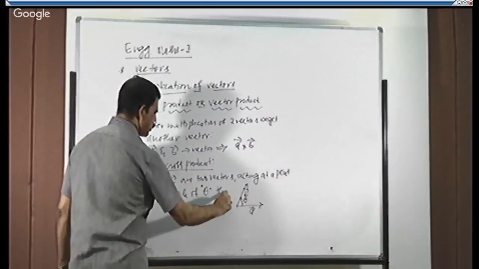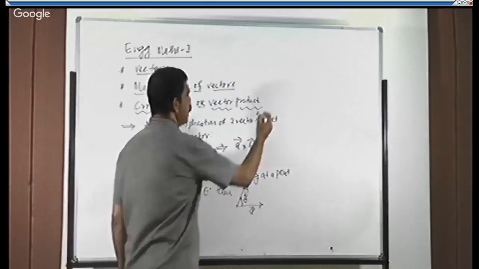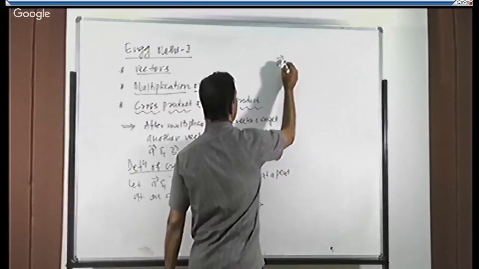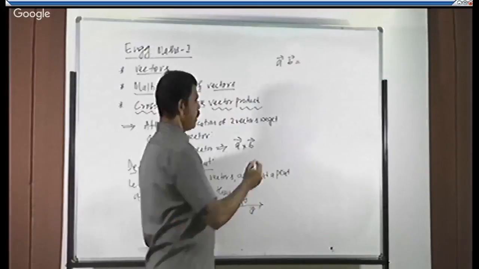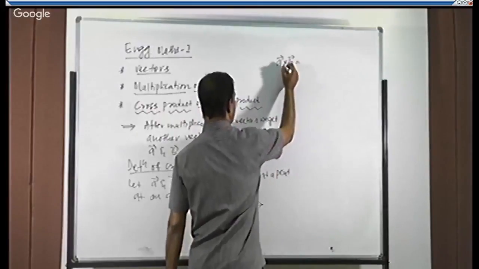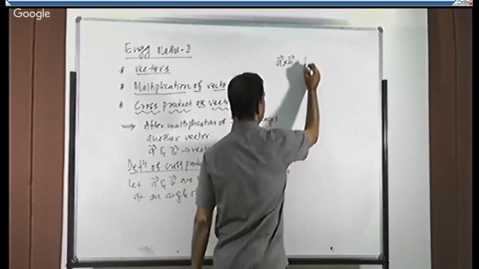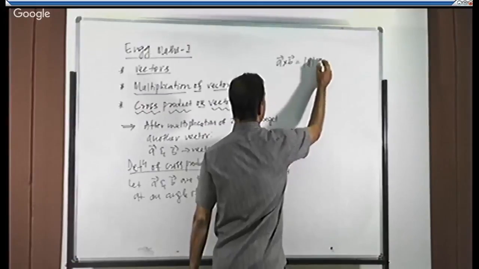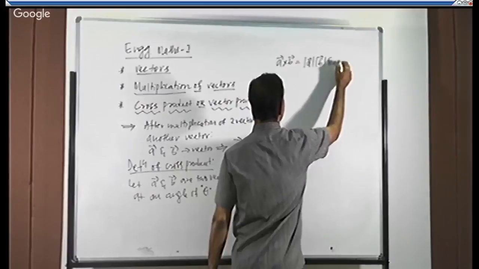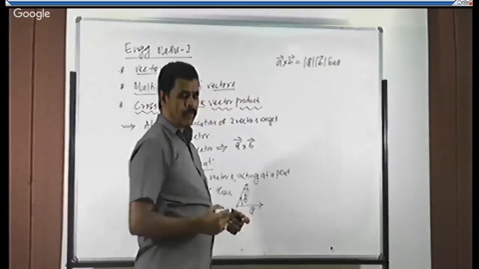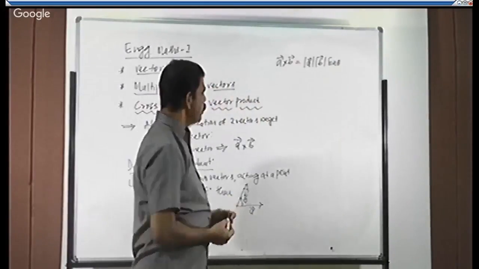Then A cross B is defined as magnitude of A, magnitude of B into sine theta.